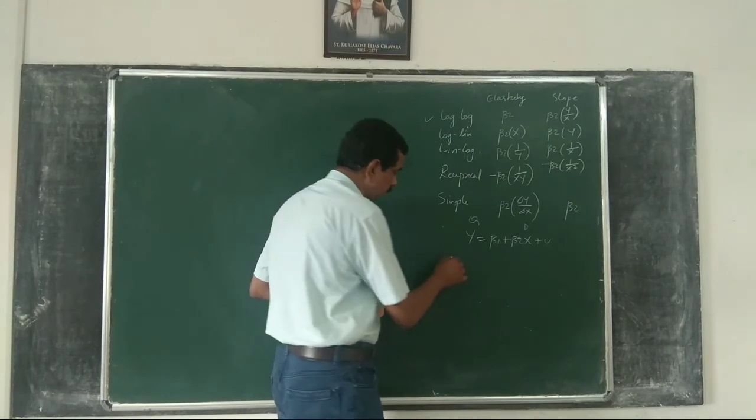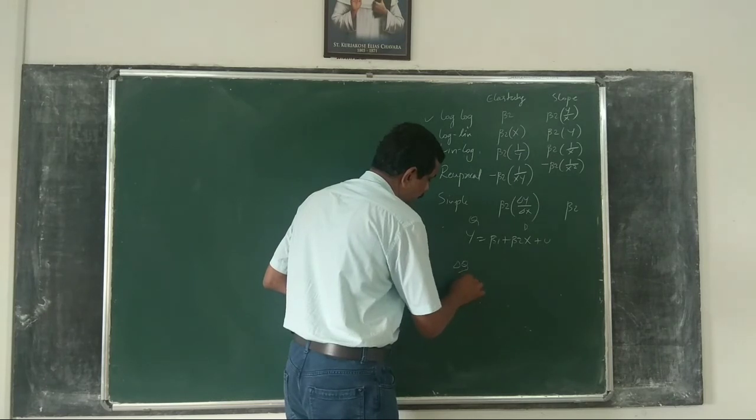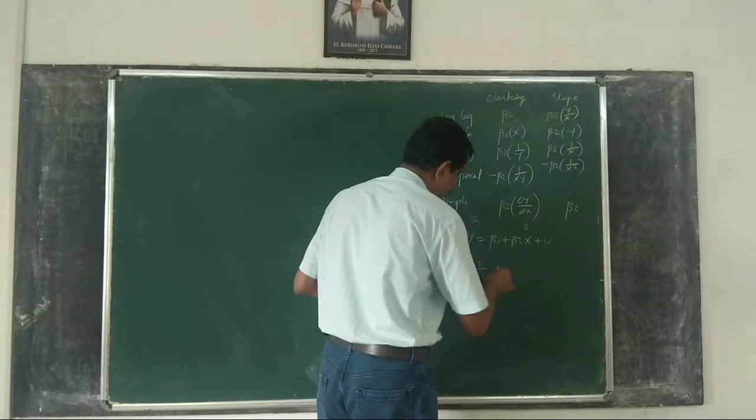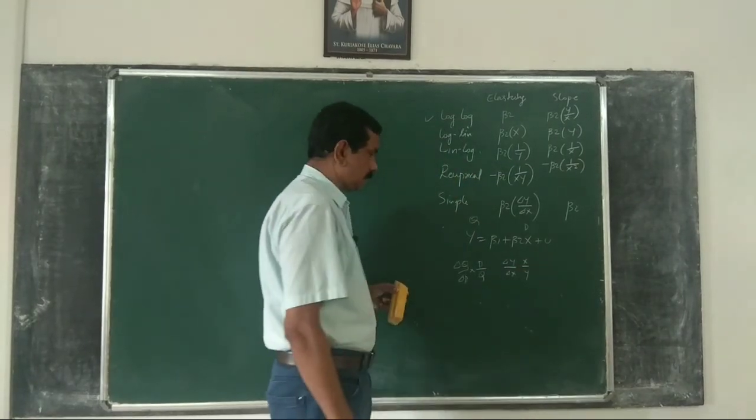And the elasticity formula is delta q by delta p into p by q. In our formulation it is delta y by delta x into x by y, as you can see.